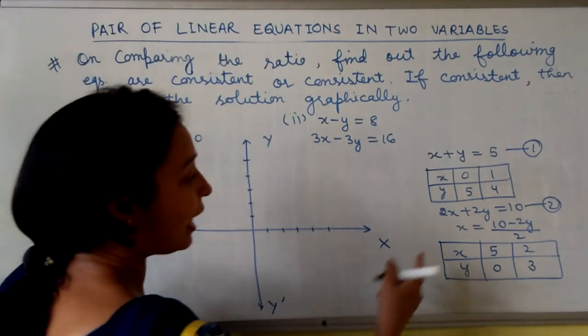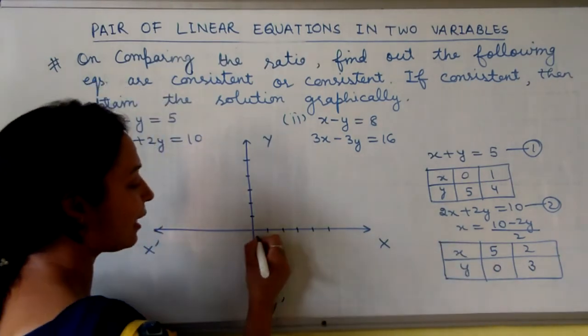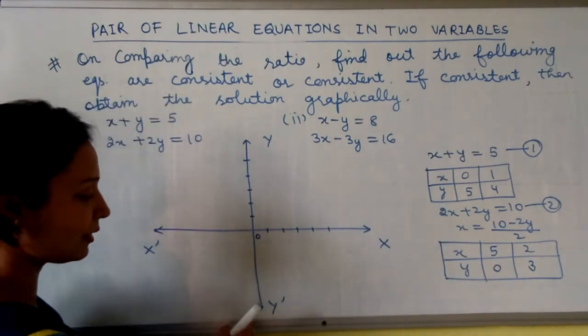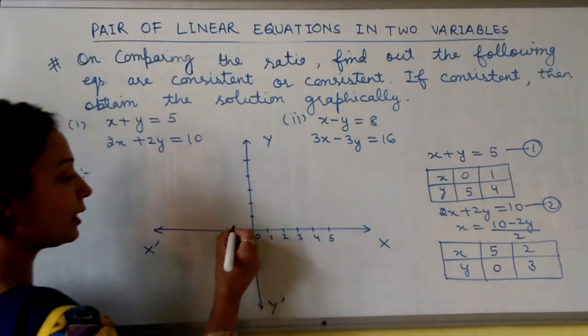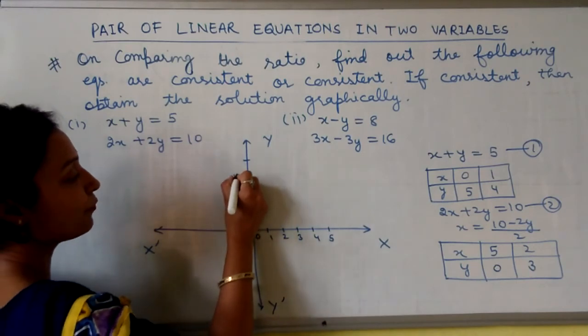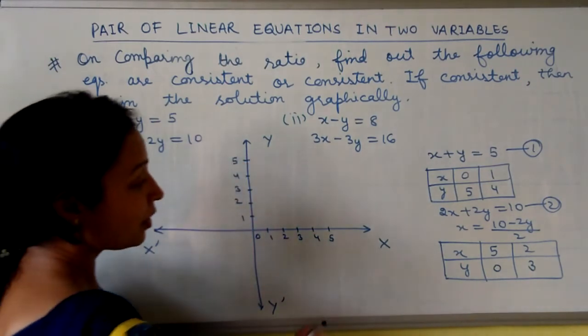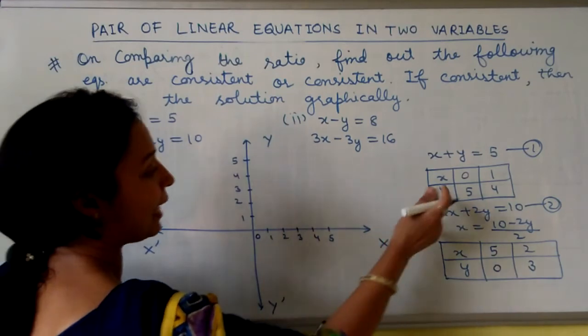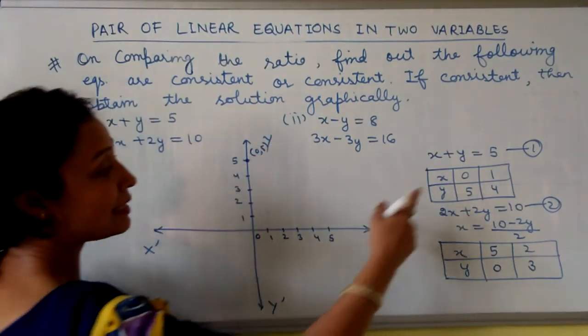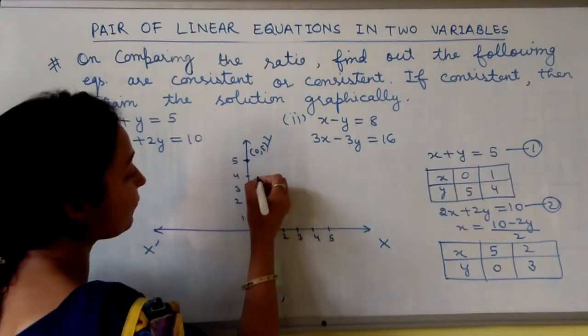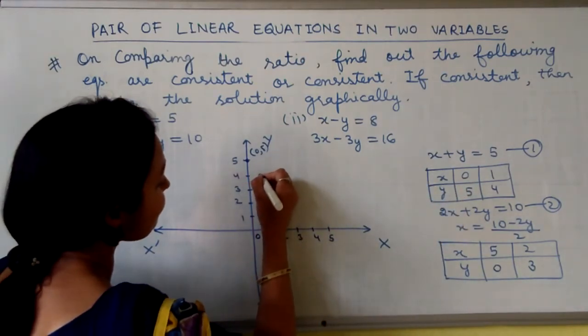I need only positive points, so I will not waste time on the other axes. First, x is 0, y is 5, so this is the point (0, 5). Second, x is 1 and y is 4, so this is the point.